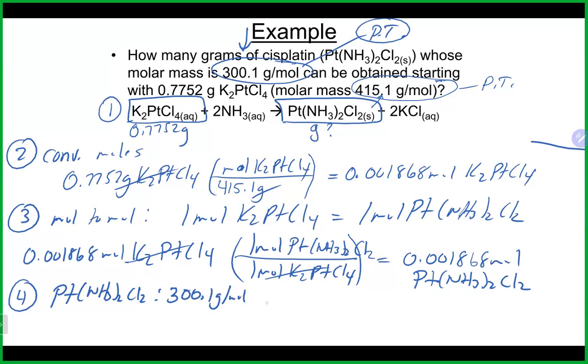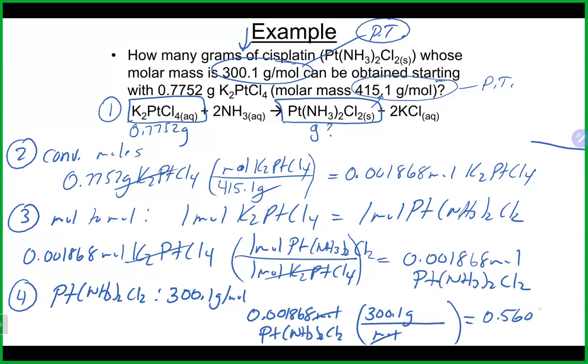That's going to be, again, a conversion factor here to convert our moles into grams. Again, we do want the moles on the bottom. We want the grams up on top. The moles will cancel, and that will get us there, about 0.560.